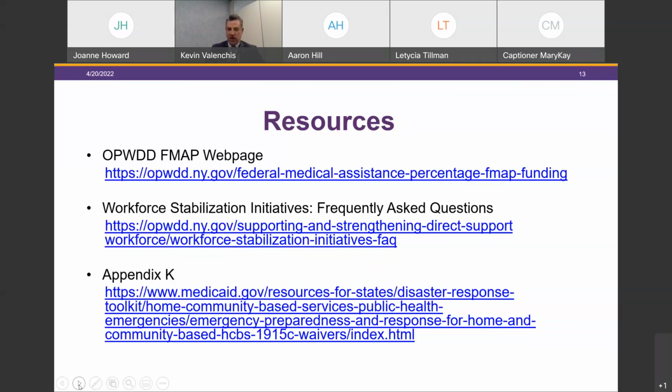We also have the Appendix K resource for those interested in reading what the approved Appendix K says regarding these initiatives. As Joanne said, we'll be sending out a mailbox to consolidate questions, though I would hope you work through those issues internally, because we're not addressing provider-specific implementation issues or employee issues.